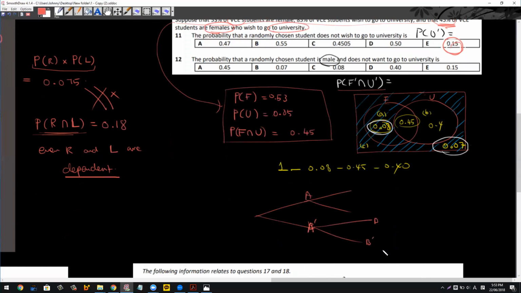So this one and this one is A naught and B naught, and that was the area that was outside, wasn't it? Remember? That's what we're trying to figure out. This is an F naught and U naught. So that's outside of this one here. So can you tell me how much that is?